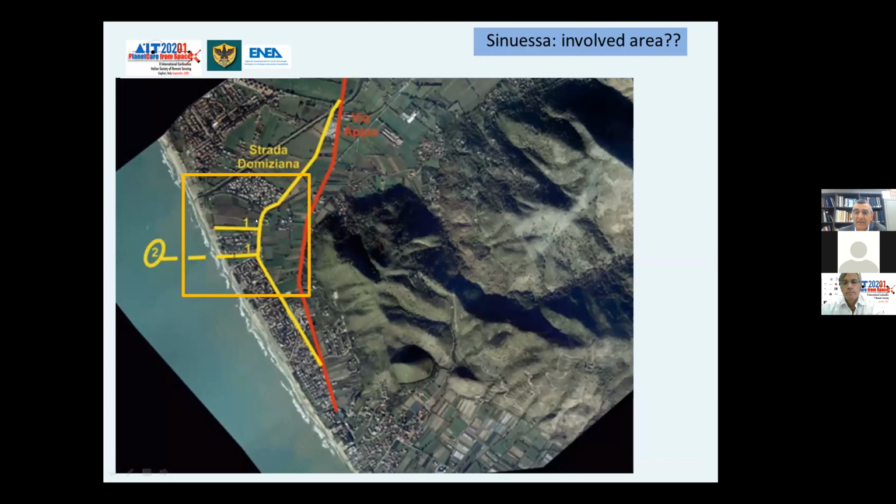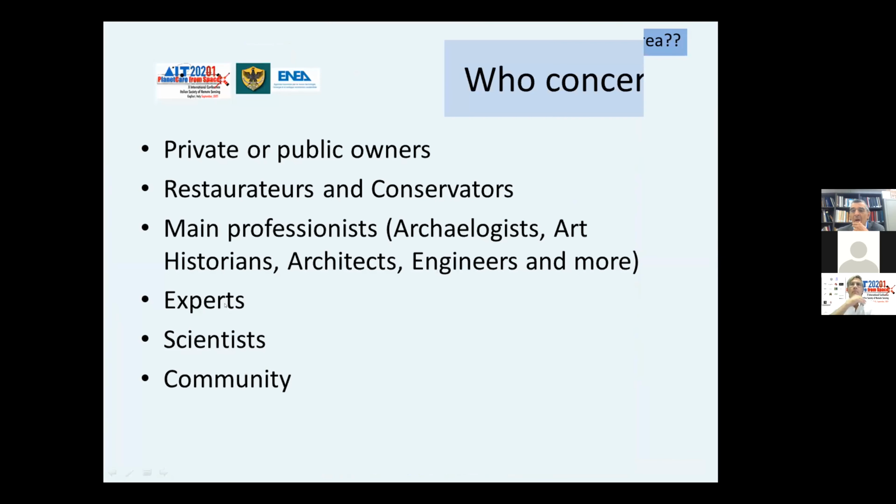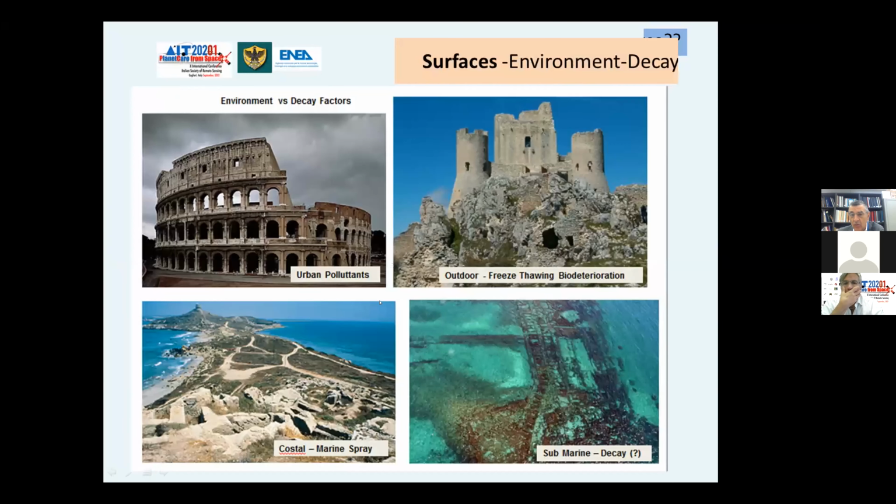This is the Strada Domiziana, but what we are interested in for conservation and restoration is a large area that is very anthropized and near the seashore. Who is concerned with these aspects? All who work in this area: the owners, restorers, professionals, experts, scientists, and the community.